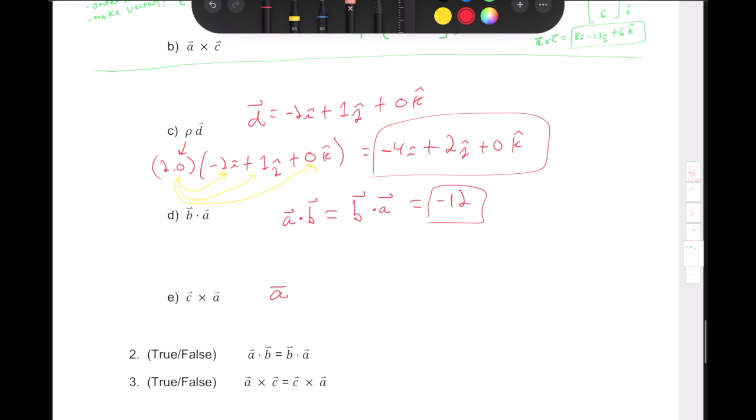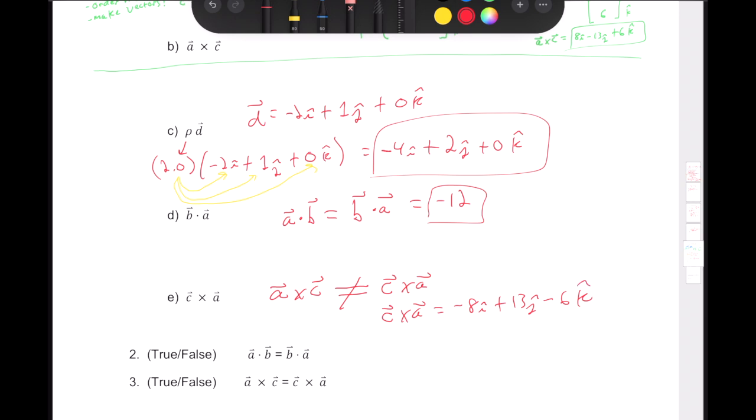However, A crossed with C is not the same as C crossed with A. Having solved this before, I can tell you C crossed with A is negative 8I plus 13J minus 6K.